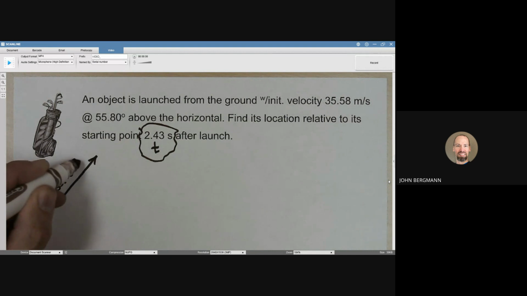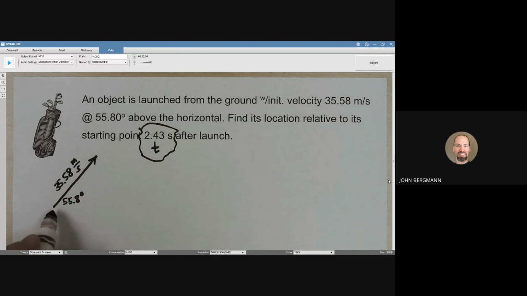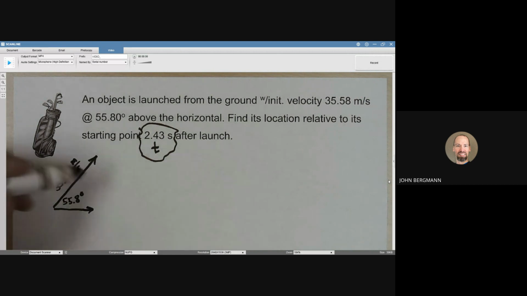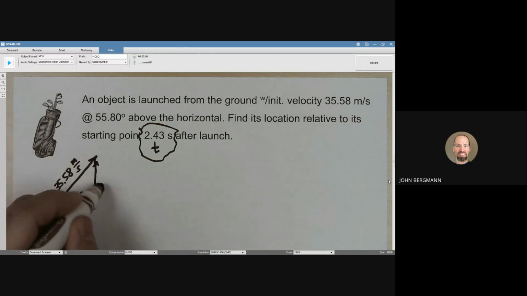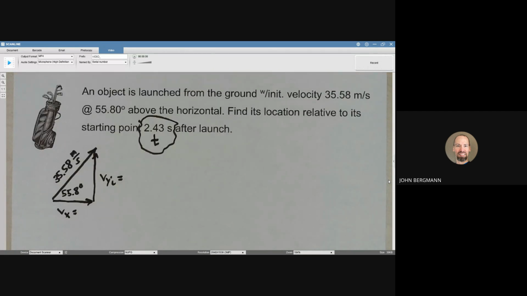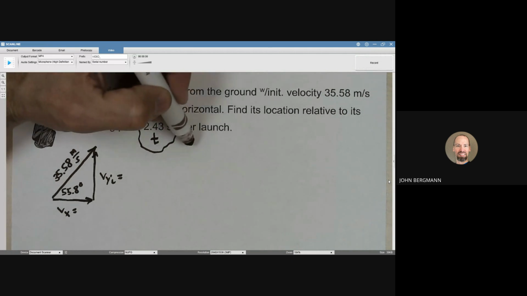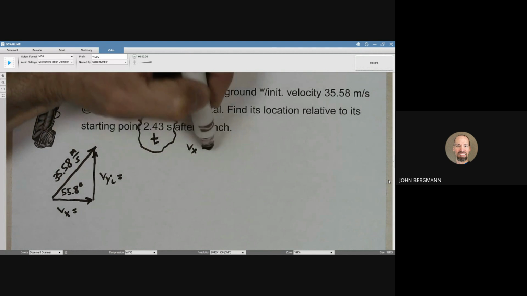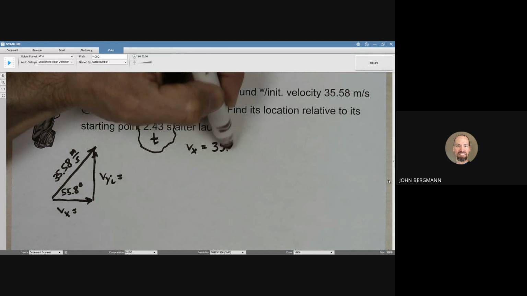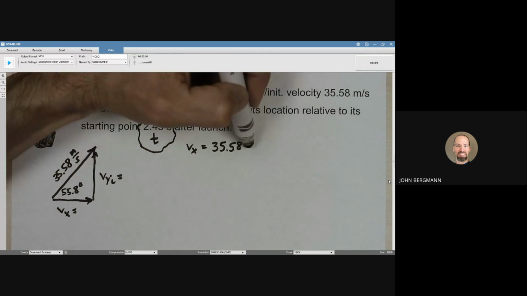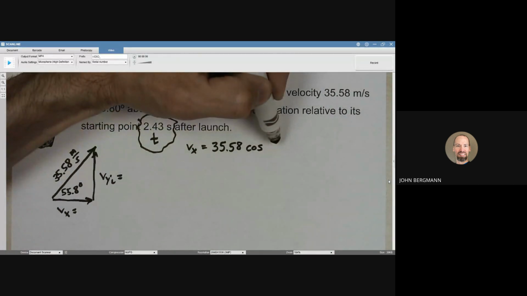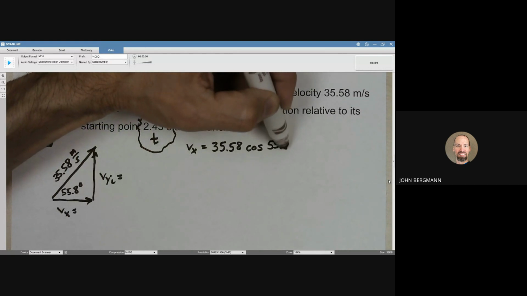35.58 meters per second, and the angle is 55.8 degrees. So we're going to find Vx, and we're going to find Vy initial. And when we do that, we're going to use sine and cosine, as always. So I'll show my work here. Vx is going to be the hypotenuse, which is 35.58, times, check out the triangle, the cosine of 55.8.